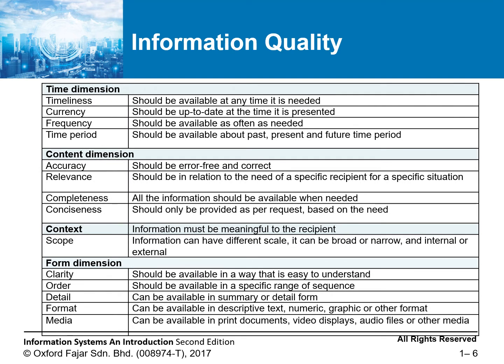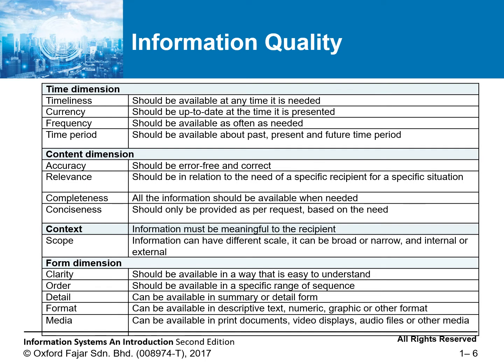This table summarizes the important attributes for information quality, based on the three dimensions that I have explained in the previous slide. The first is the time dimension. There are four attributes.